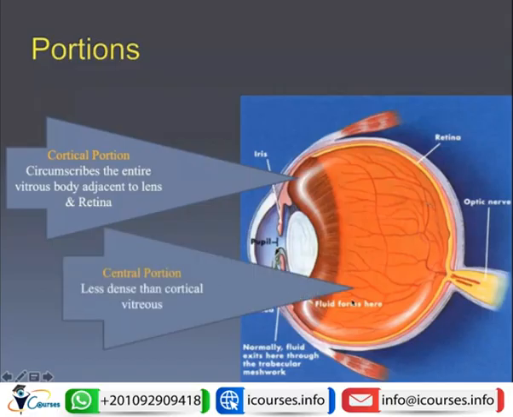While the central portion is less dense than the cortical vitreous. Both can sometimes be referred to as a core. So this is the core of the vitreous, or the vitreous core, and this is the cortical vitreous or peripheral vitreous.